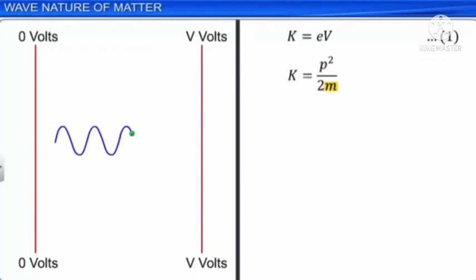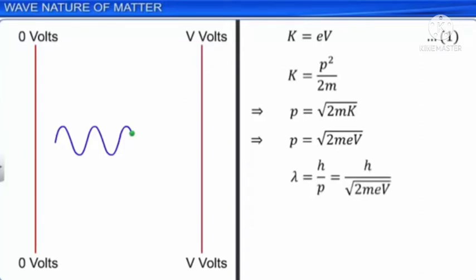This equation can be rewritten as p equals square root of 2mK. Substituting the value of K from equation 1, we get p is equal to square root of 2meV. The de Broglie wavelength is now calculated by substituting the value of h and p, that is, h divided by square root of 2meV.